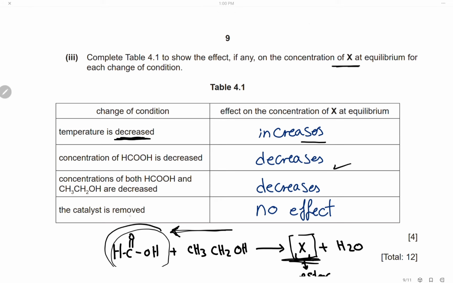If the catalyst is removed, we will have no effect on the concentration of ester because catalyst has no effect on the concentration or the amount of the product. Catalyst will only increase the rate of the forward and the backward reaction and has no effect on the equilibrium yield or equilibrium concentration.